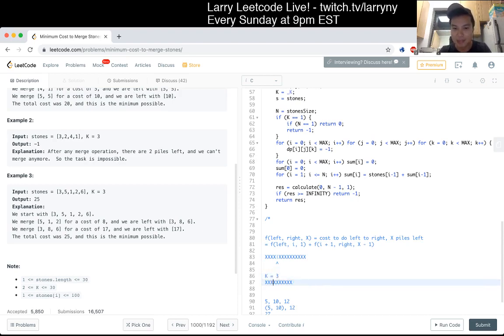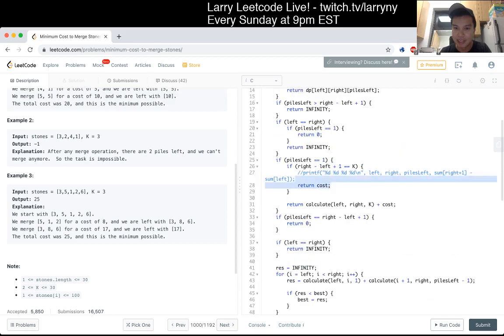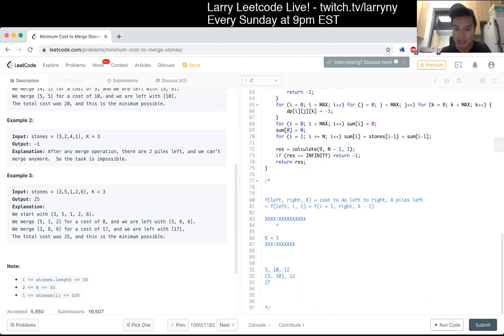Also, if you have 3 elements, then it will do this thing here. If you only want 1 pile from 3 elements, then this is equal to some real number, right?